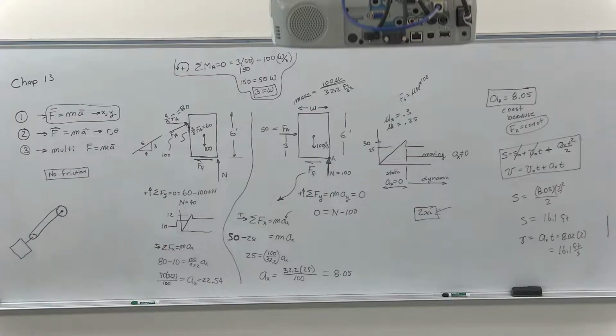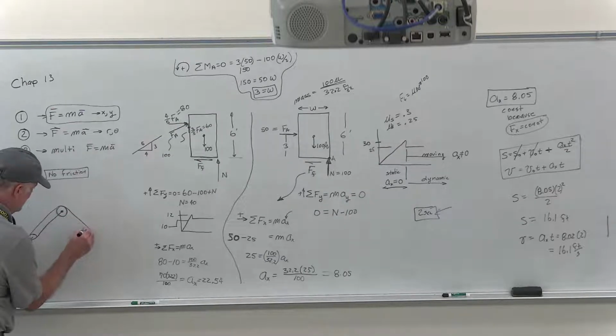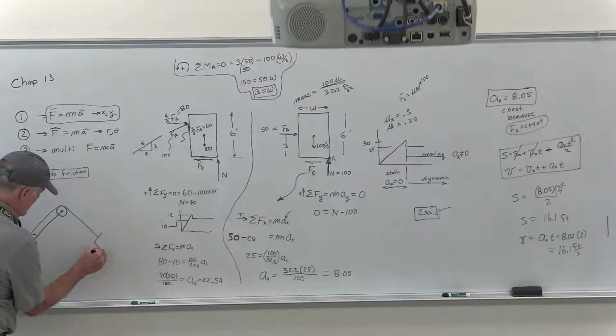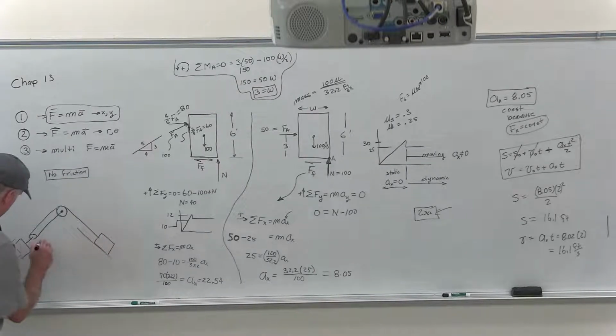And then this time it goes over to here and connects to a block like this. This one's sitting there with no friction here, no friction here. So these don't have friction.